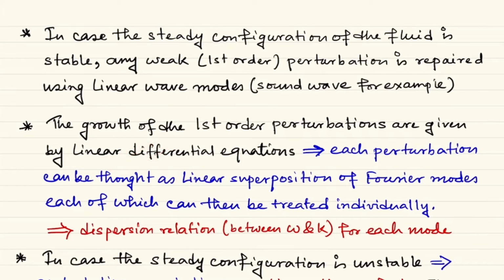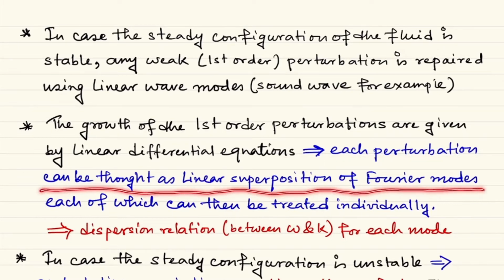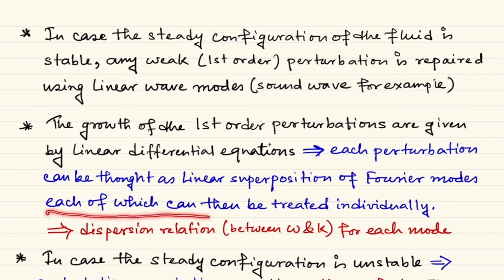If you remember, that is the method of linearization, which we already introduced in the context of sound waves. For example, the non-linear advective term vanishes. Each perturbation can then be thought of as a linear superposition of Fourier modes, each of which can be treated individually. That is the property of a linear differential equation.